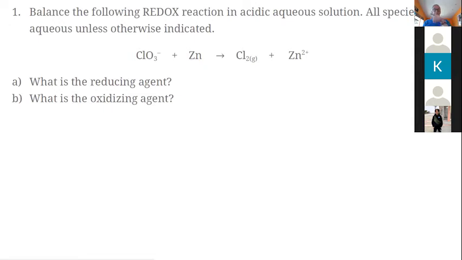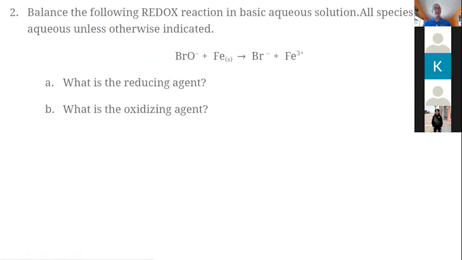Right, so the first question was balancing a redox in acidic aqueous solution. I sort of went through how to do that. So I was going to skip this one, let you work on that one on your own, and do the basic aqueous solution. So let's start with figuring out what our oxidation numbers are.